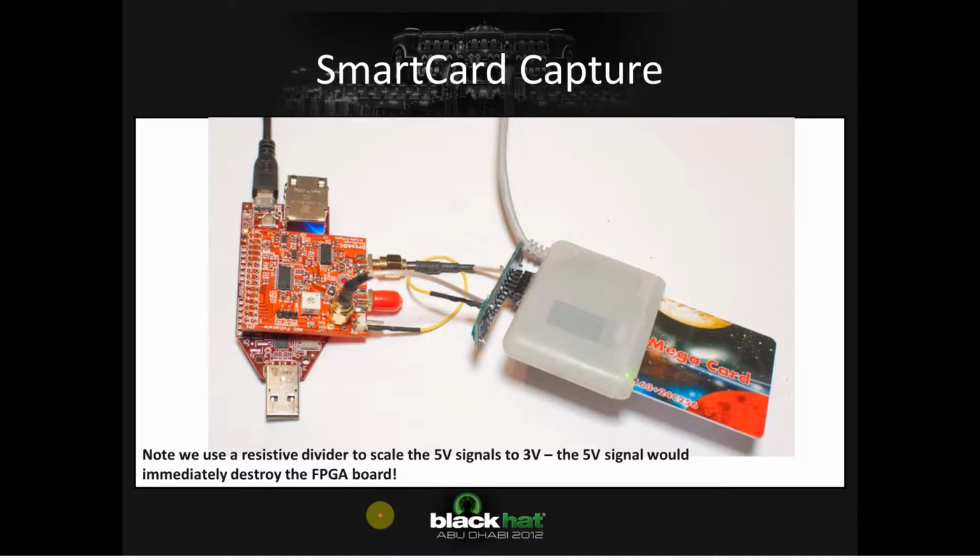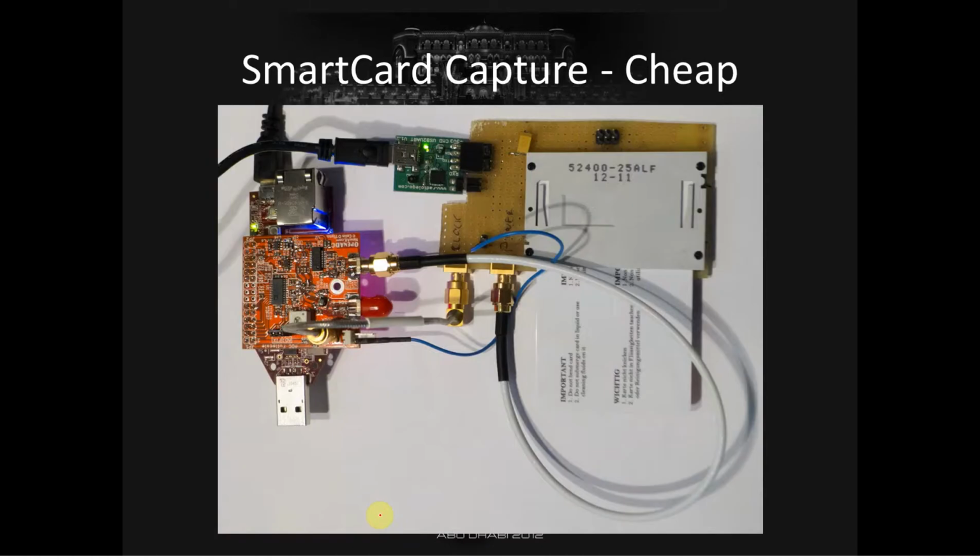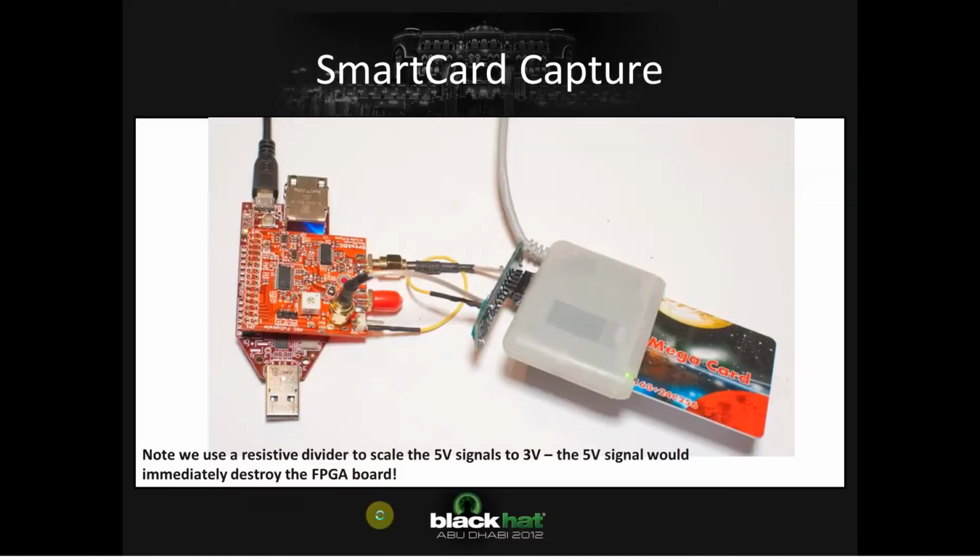So that's one way to go. But what if you wanted to do this cheap? The downside here is that you need that smart card reader, and you need all this other crap, and often you'll use a special programmer, although you can get away with just generic AVR programmers.